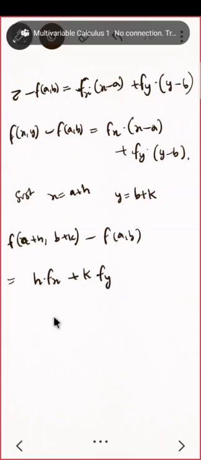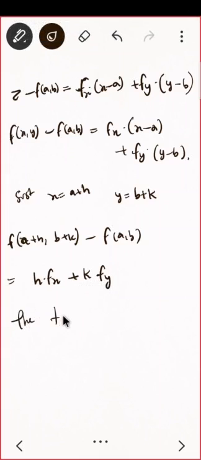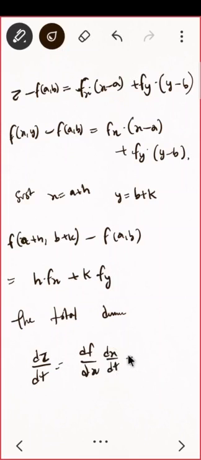The total derivative, that is dz by dt, is equal to df by dx, dx by dt plus df by dy, dy by dt, which you can clearly see. This is your fx, dx by dt, that will be h, correct?